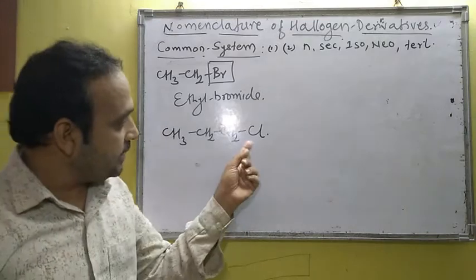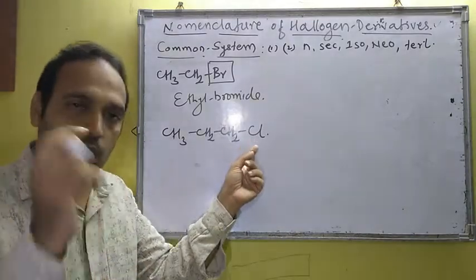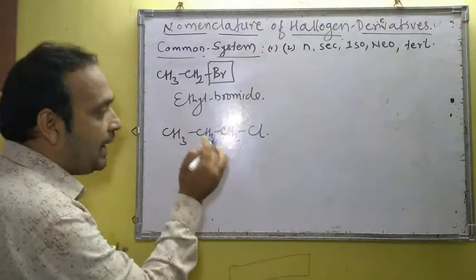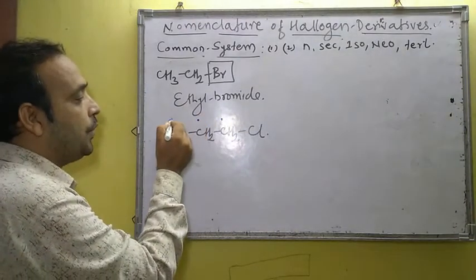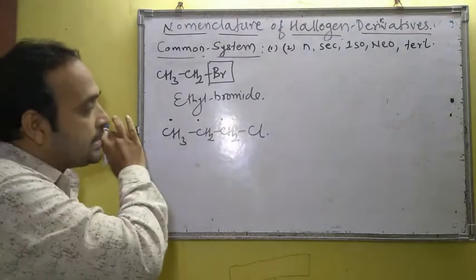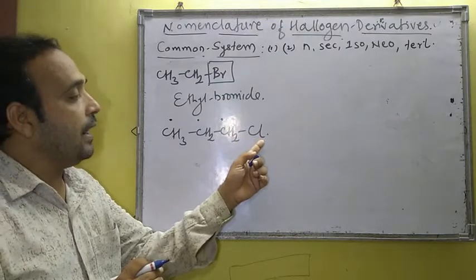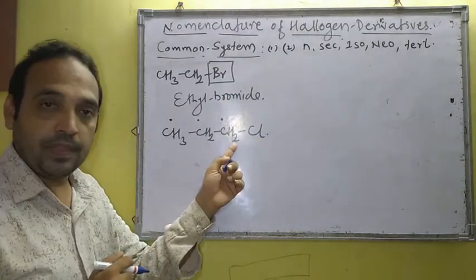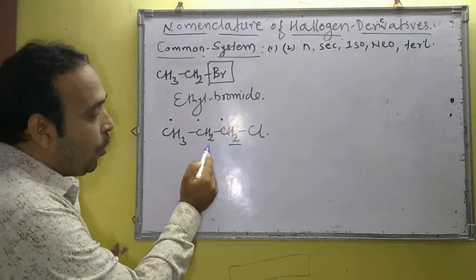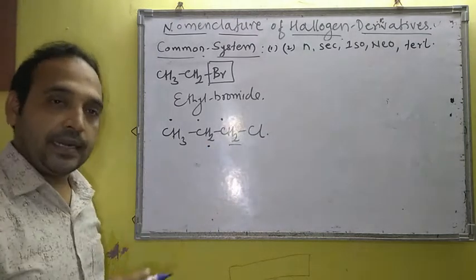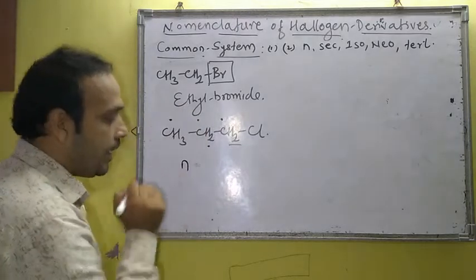In this case the halide present is Cl, called chloride. Now after the halide, how many carbon atoms are present? 1, 2 and 3. It is an example of a normal chain, straight chain, or halide attached to a primary carbon. This carbon is a primary carbon because to this carbon one carbon atom is attached, so it is called a normal chain. So the prefix used is n.